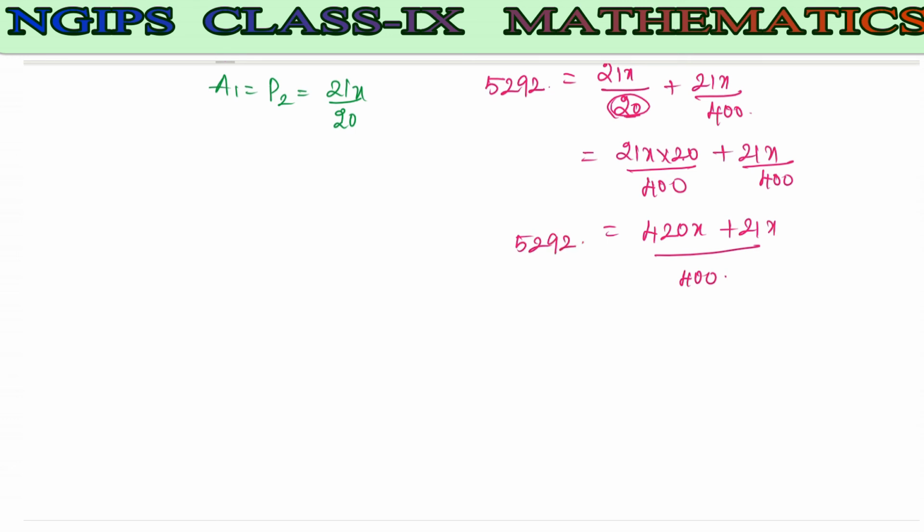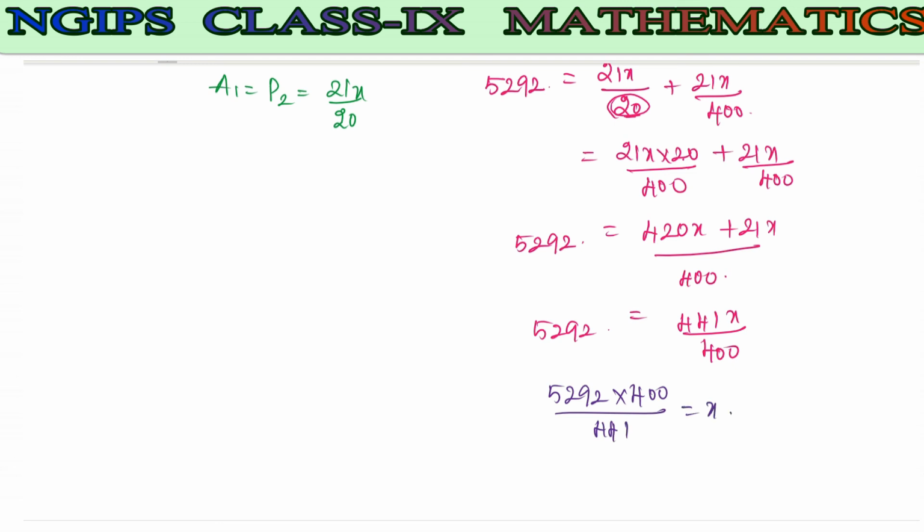Adding this, 441x divided by 400 is equal to 5292. Just I will shift this to the opposite side. So what we'll get here? 5292 into 400 divided by 441 is equal to x.